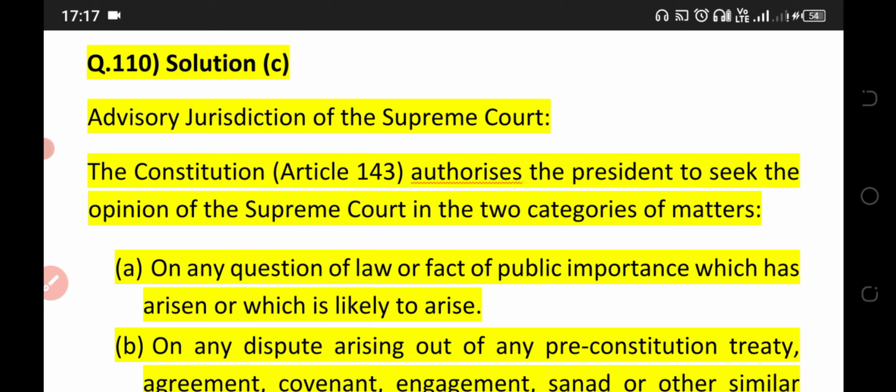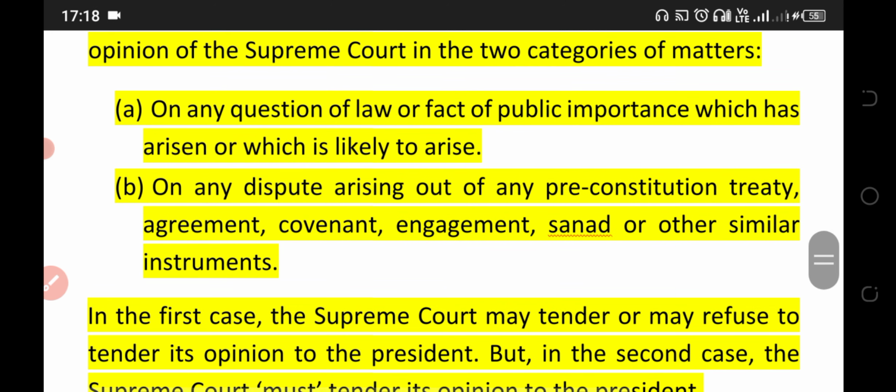On any question of law or fact of public importance which has arisen or which is likely to arise, or any dispute arising out of any pre-constitutional treaty, agreement, covenant, engagement, sanad, or similar instrument.